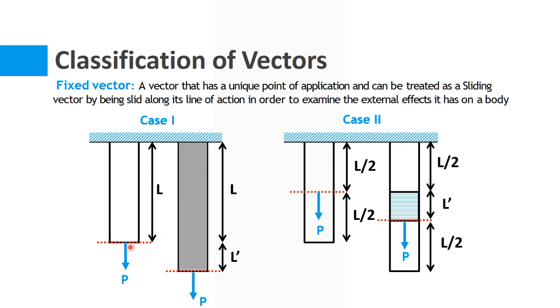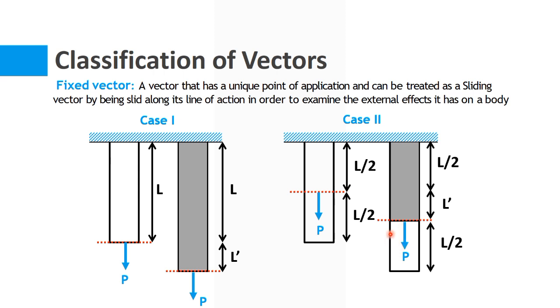Because when the force is applied on this end point, it produces deformation in the whole bar, and it disturbs the atomic properties of the whole bar. But when this force is applied on this midpoint, it just disturbs the atomic properties along its half length. This half length of the bar is not disturbed.